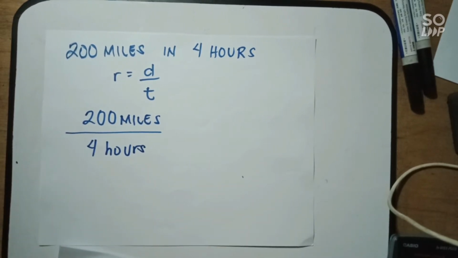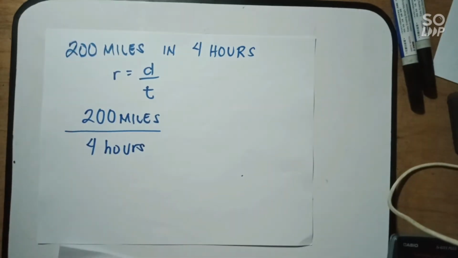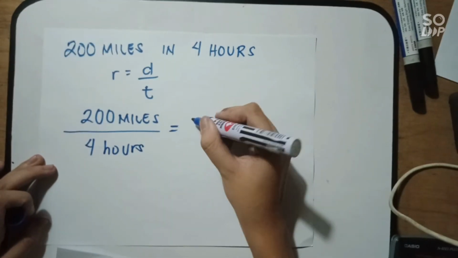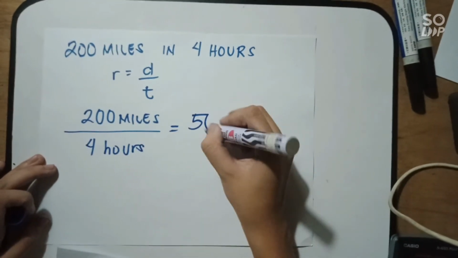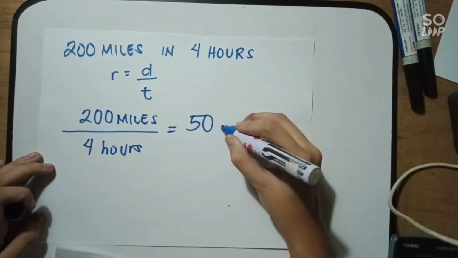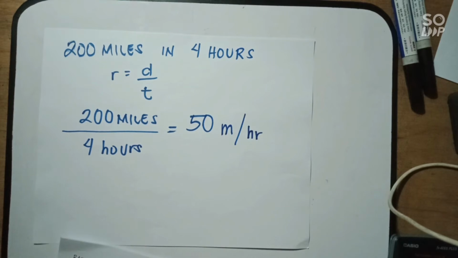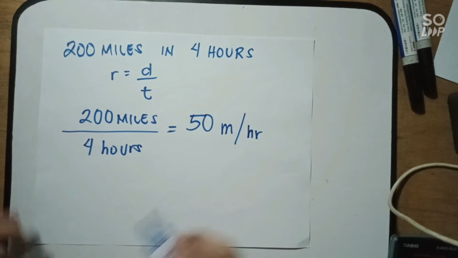In order to get the speeding rate of the car, we simply divide 200 by 4. So 200 divided by 4 is equal to 50. And then the units will be miles per hour. So therefore, the rate of the car that Shu drives is 50 miles per hour.